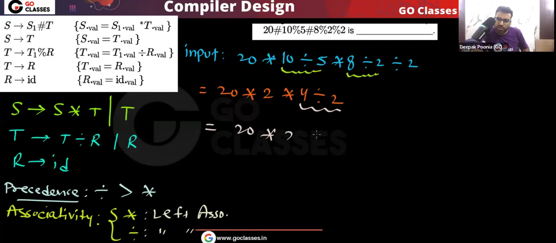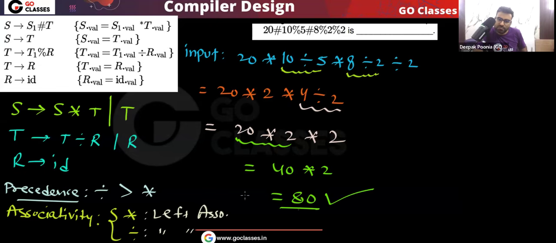So 20 into 2 into this will become 2. Next we will perform the multiplication, and multiplication is left associative. So this multiplication we will do first, so it will become 40 into 2, and finally 40 into 2 will become 80. This is your answer. I hope you understood.